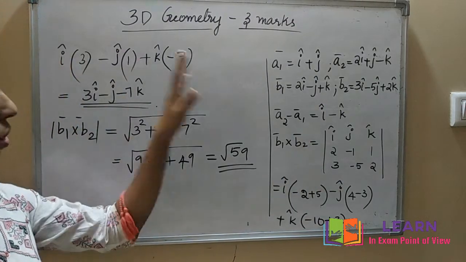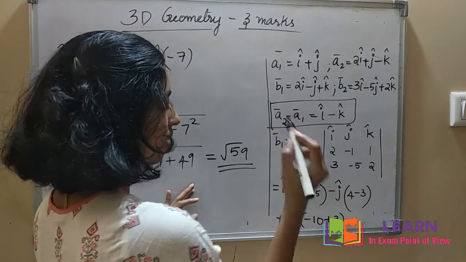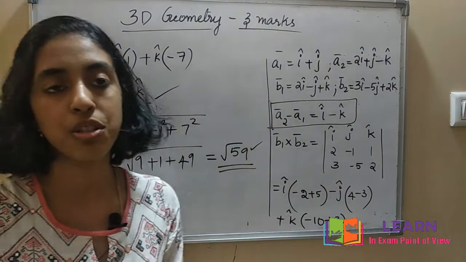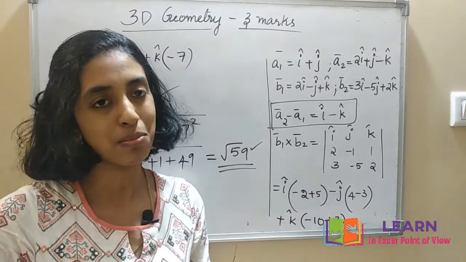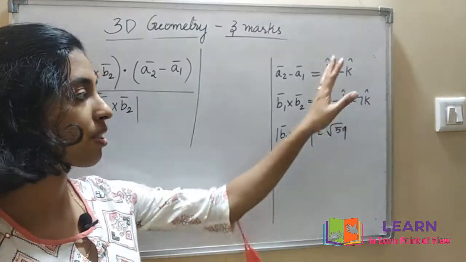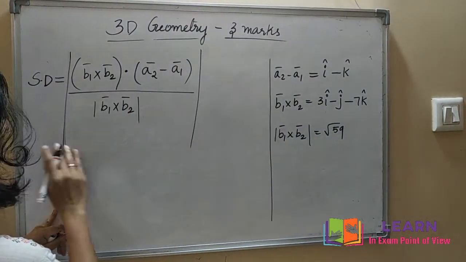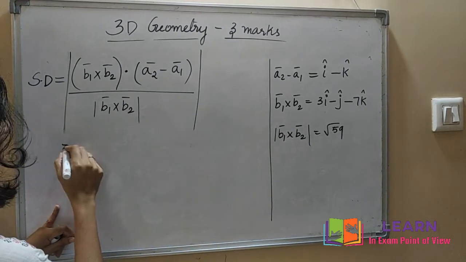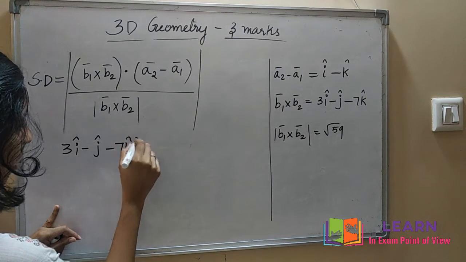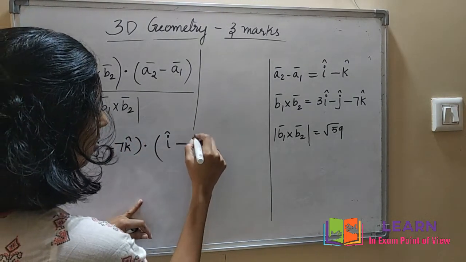Now almost all terms we got. This was one term, this is another term, and this is the third term. So then substitute in the shortest distance formula. We got these three values, just substitute these values in the equation. So B1 cross B2 is 3i minus j minus 7k dot A2 minus A1, which is i minus k.